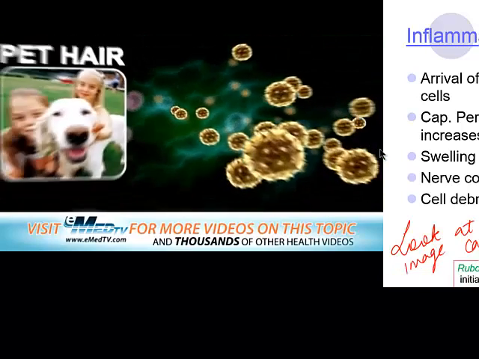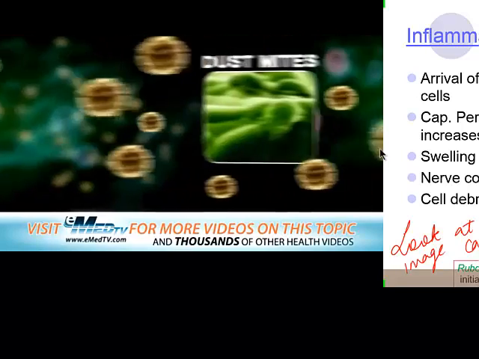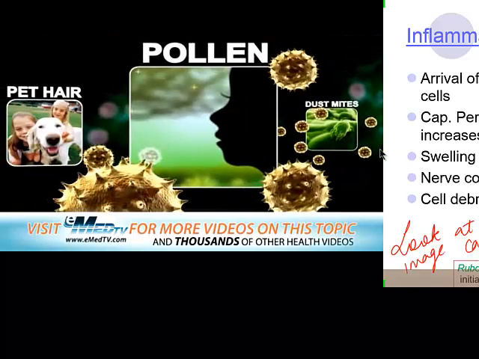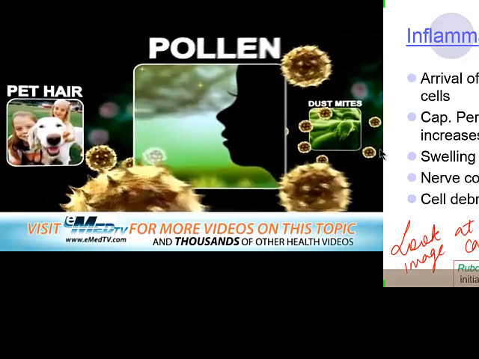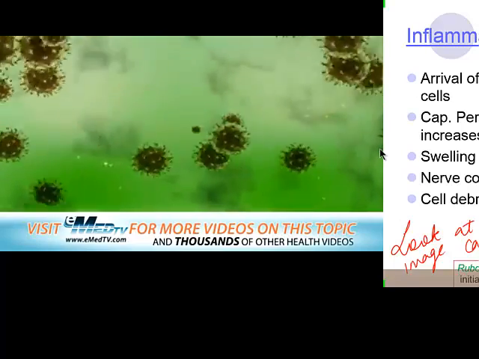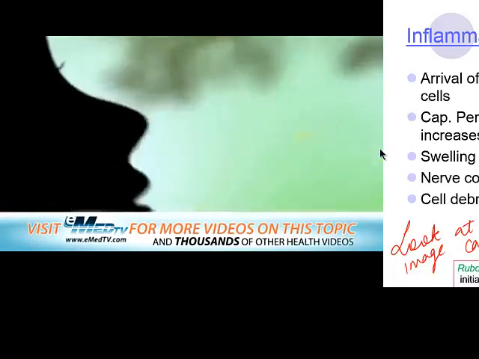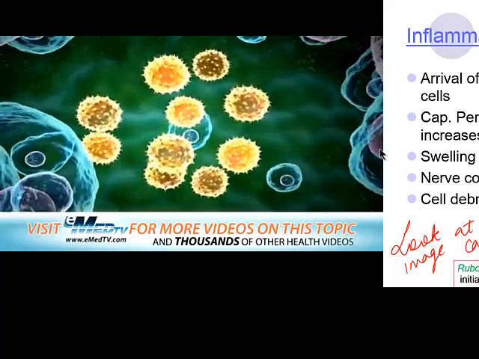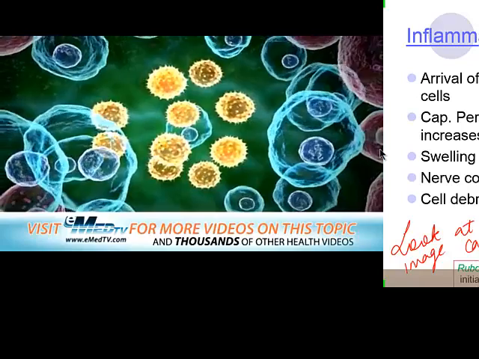This can include things like pet hair, dust mites, and tree, weed, or grass pollen. In a person with allergies, the immune system mistakes these harmless substances, known as allergens, for a potential threat.